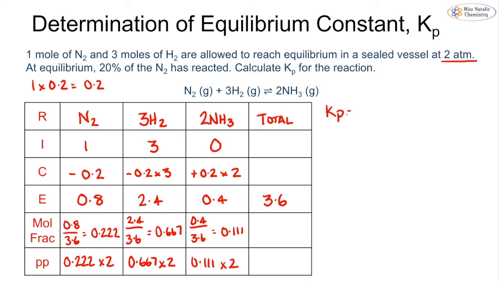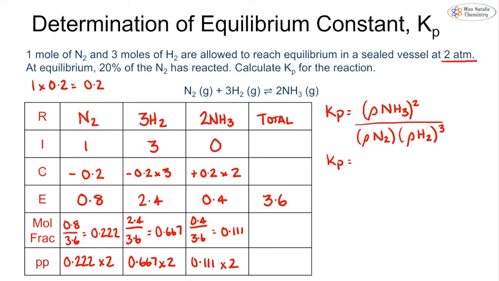Now again, I show my Kp expression. It's very important for you to actually write out the Kp and Kc expression so that you can make sure that you get those marks, because they are generally given 1 mark. So we have the partial pressure of the ammonia, to the power of 2, over the partial pressure of the nitrogen, times the partial pressure of the hydrogen, and we cube that.